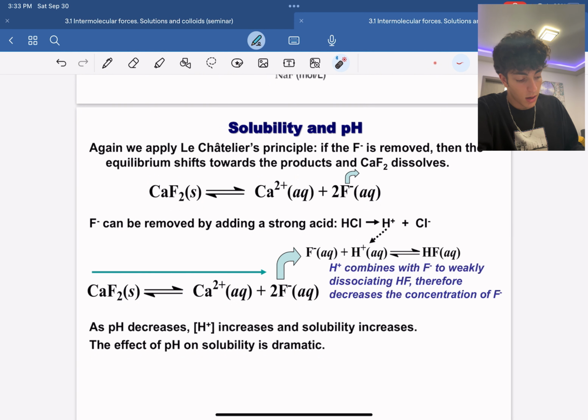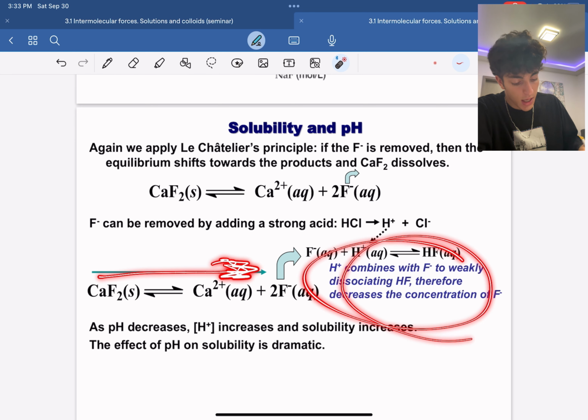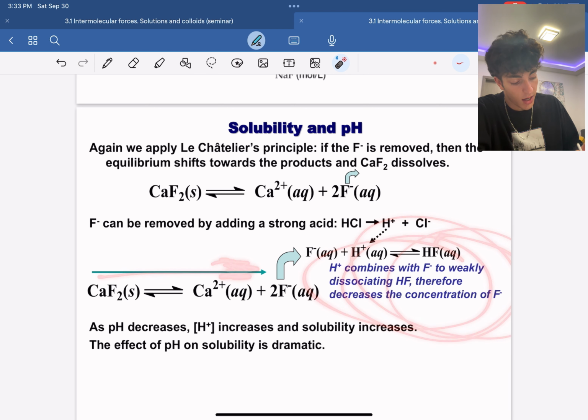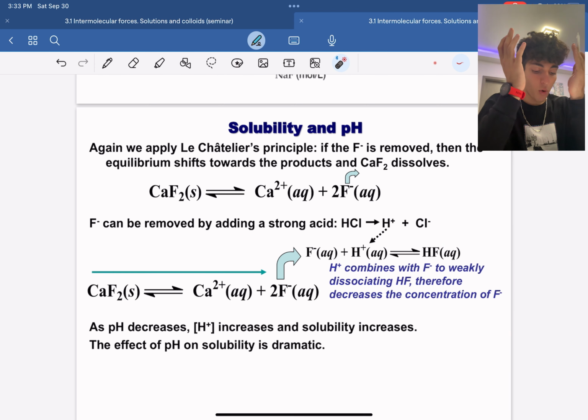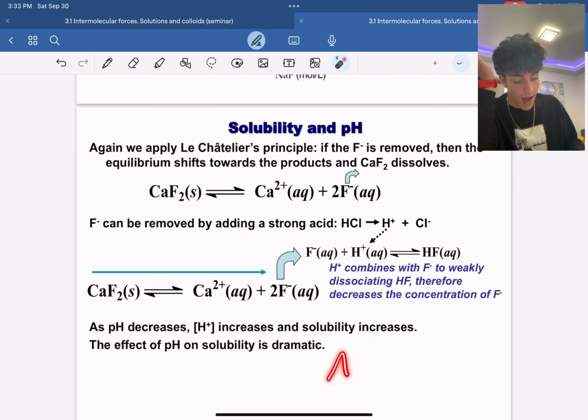And this decreases the concentration of F, which pushes everything to the products, okay? Due to this, the hydrogen ions increase. More hydrogen ions, pH decreases because acids have a pH lower than 7, and solubility increases.